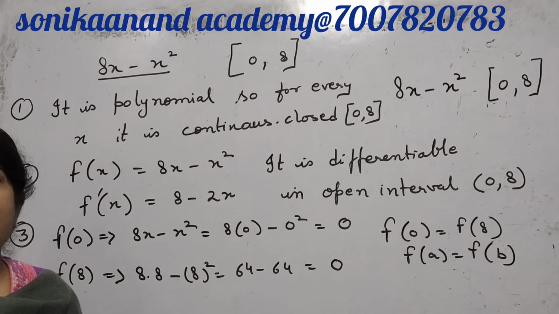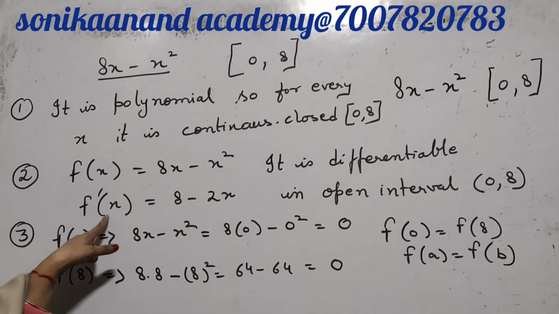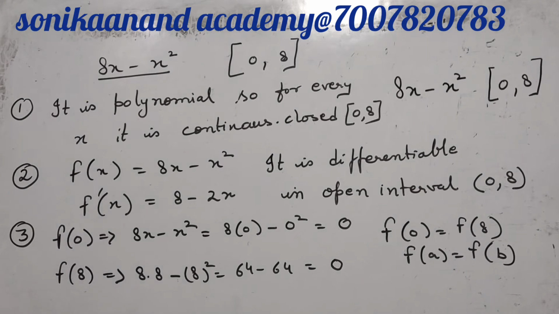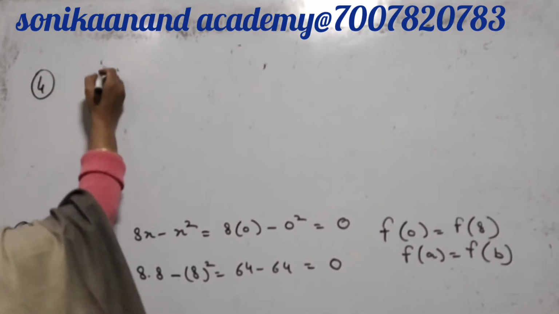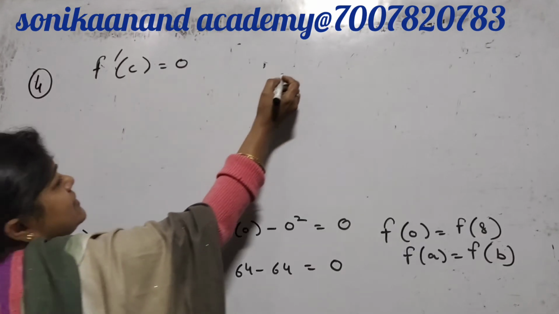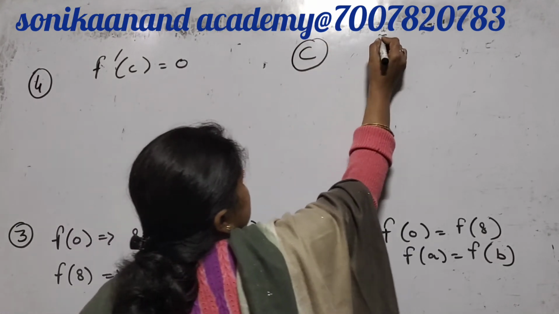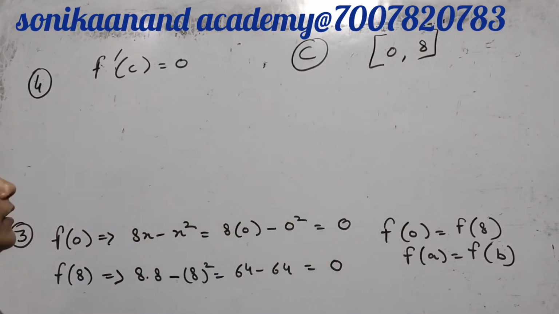Now we have to find the point c for which f dash c is equal to 0. That means there exists a value c which is in between 0 and 8.